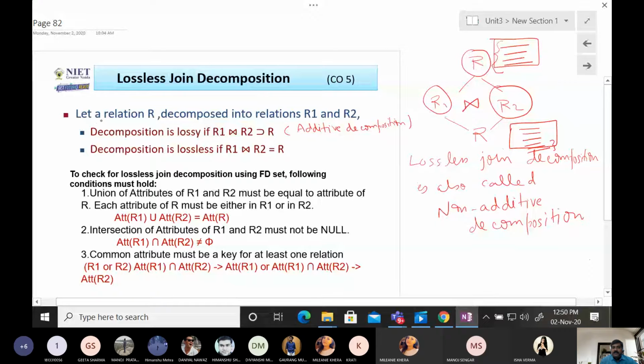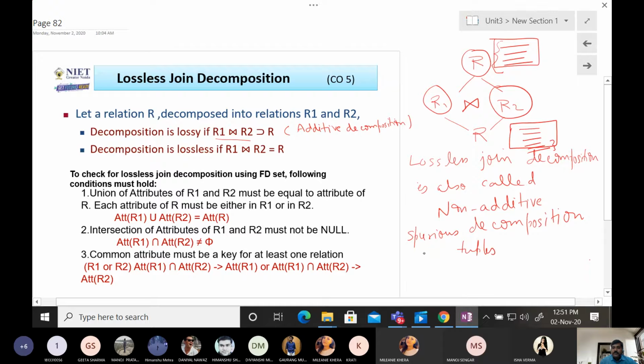Here, let a relation R decompose into relations R1 and R2. Decomposition is lossy if we join R1 and R2 and we get a superset of R. Means it contains all the tuples of R and something additional, and those tuples are called spurious tuples.